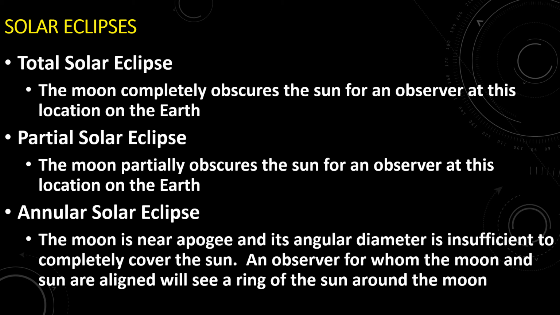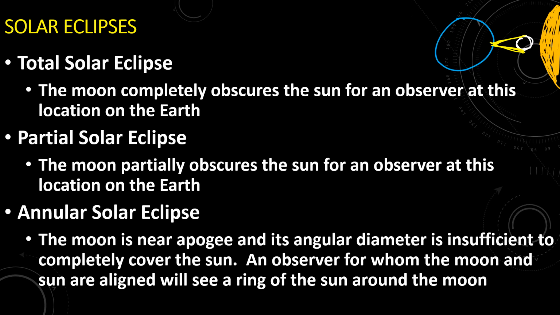So if we draw our Earth right here and we draw our sun, the moon will be between the Earth and the sun, and it will be putting a shadow directly on some point on the Earth.